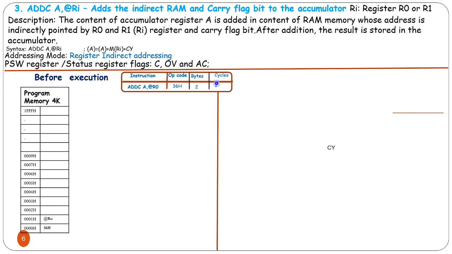Before execution, the program memory status will be like this: 36 loaded in the first memory address 000H, and the content of R0, which gives the indirect address of random access memory, is 0001H. Now our program counter register has the content 0002H. Now this is the next instruction address.